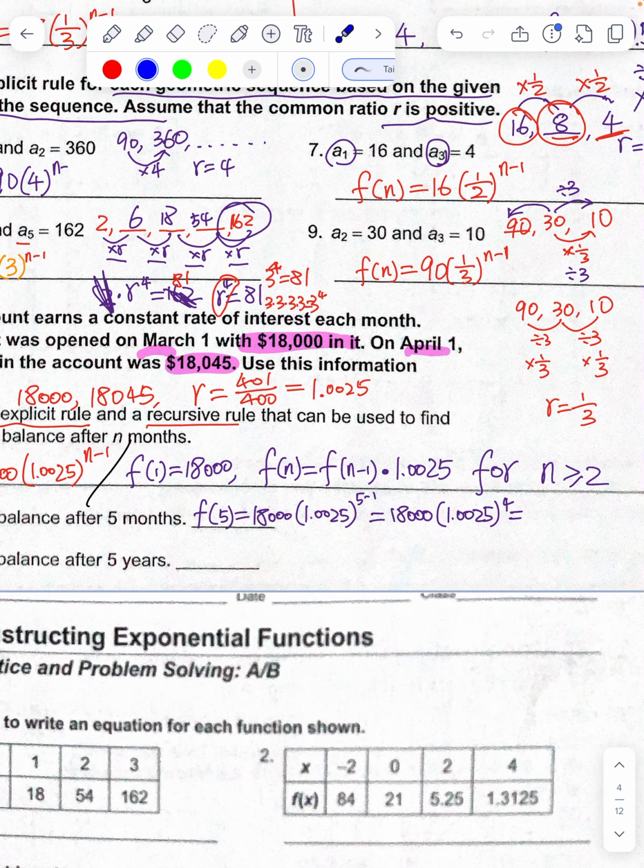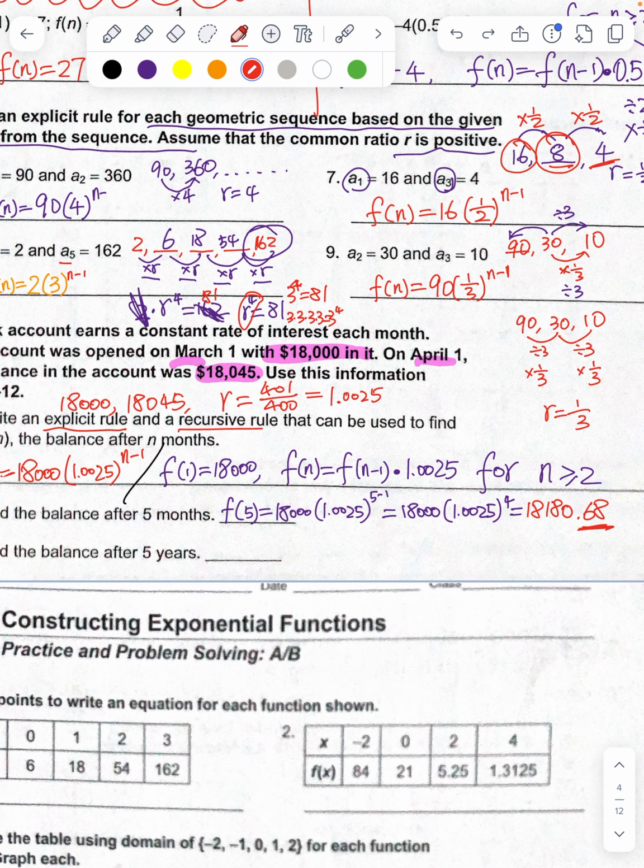Oh, many digits. Then I'm going to multiply 18,000. So the final answer is 18,180.68. I'm only keeping 2 digits after the decimal point. Okay, after the 5th month, the 180 should be the interest.